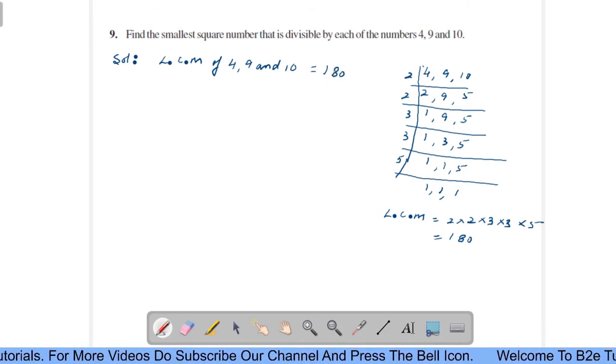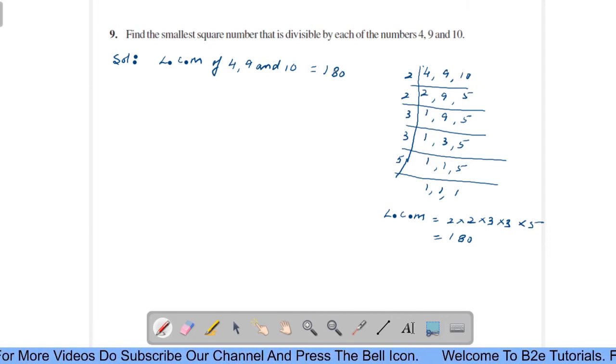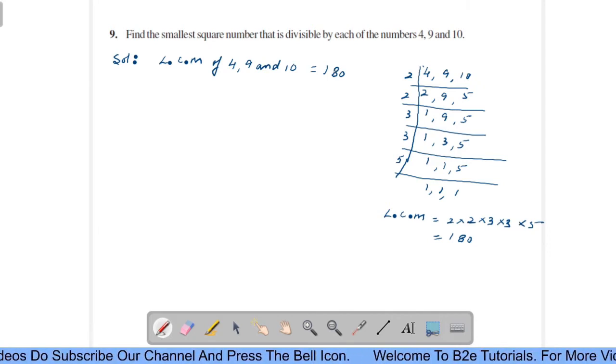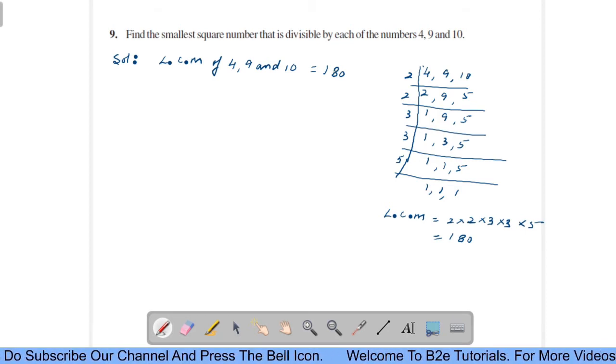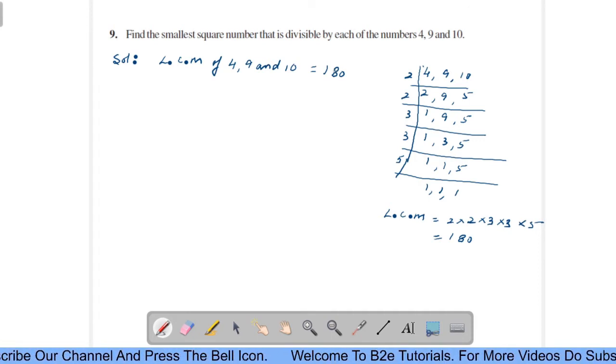Now we have to check whether 180 is a perfect square or not. Here let us find out the prime factors of 180.